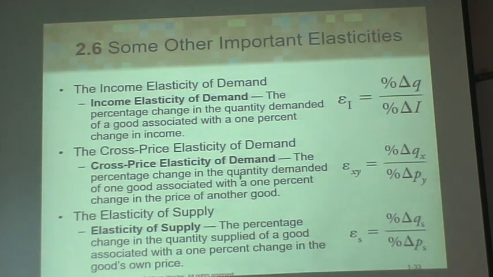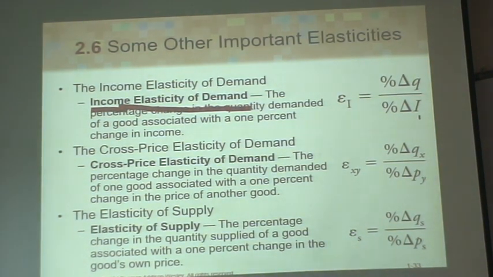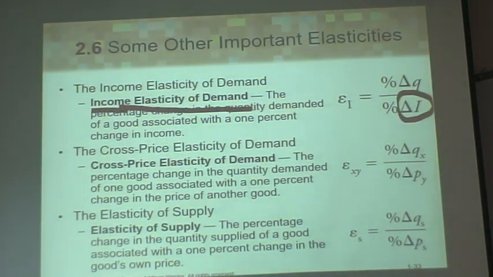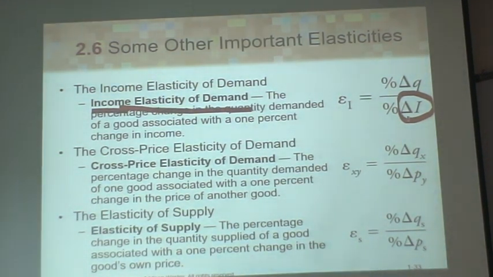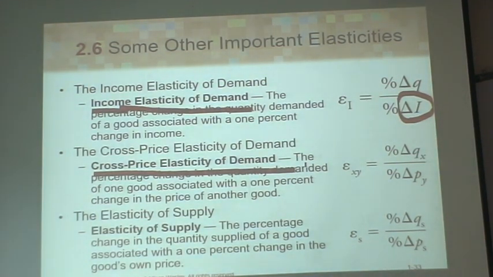Here we have elasticity of demand, right? Income elasticity of demand. So that means here it is income. It's not that important to calculate it, but the sign is important. Positive means the good is normal. Negative means the good is inferior, okay? And cross-price elasticity, the calculation is also not that important, but the sign is important.